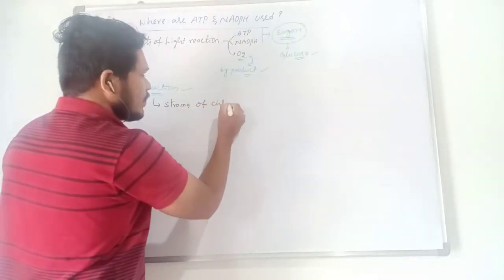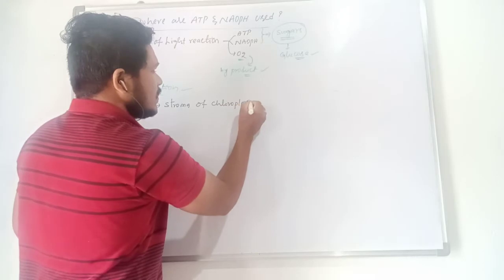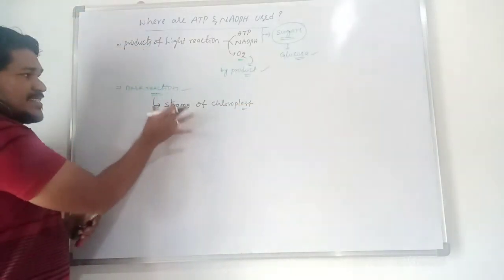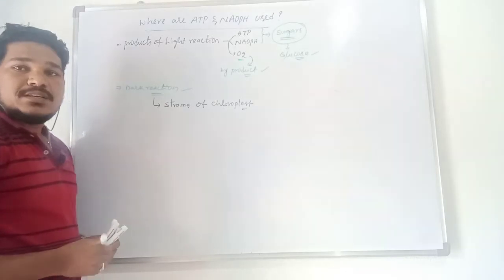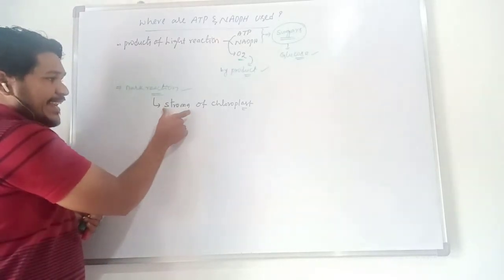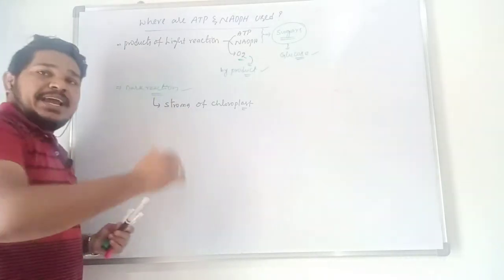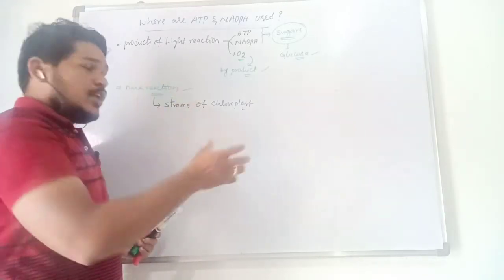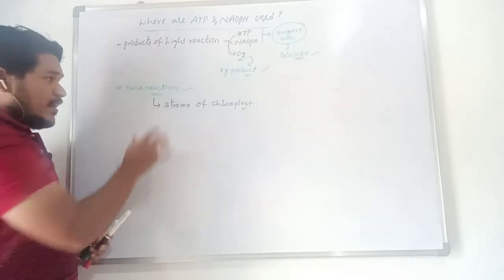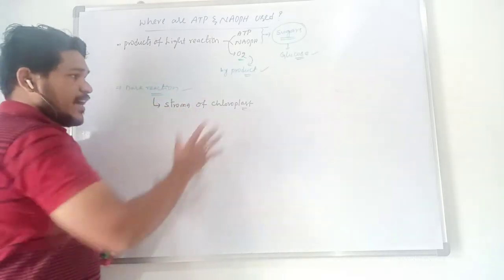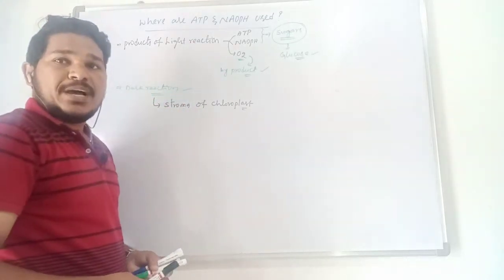Where does the dark reaction take place in the chloroplast? All the dark reactions are enzyme-controlled chemical reactions located in the stroma of the chloroplast.